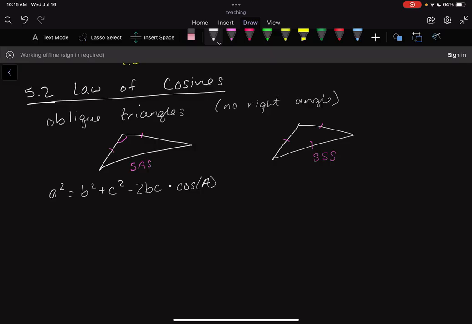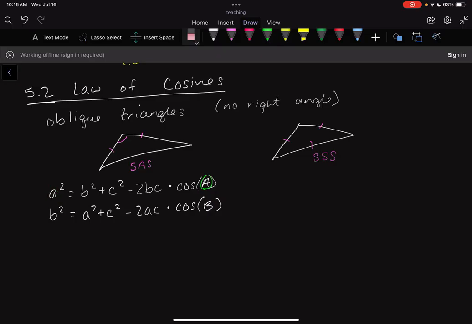There are other versions as well. So for instance, maybe I don't want to find side A. What if I want B? Well then that would be a squared plus c squared minus 2ac times cosine B. So what you'll notice is this side should be across from this angle.